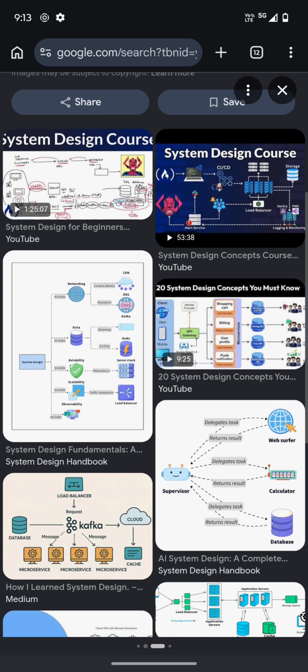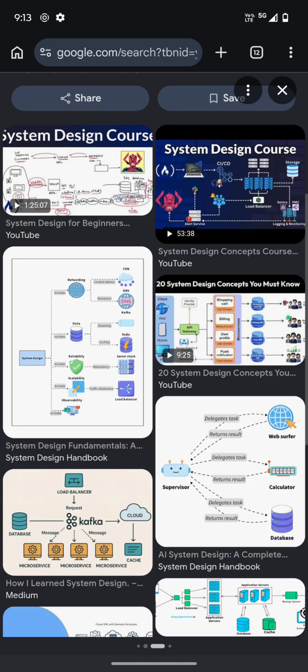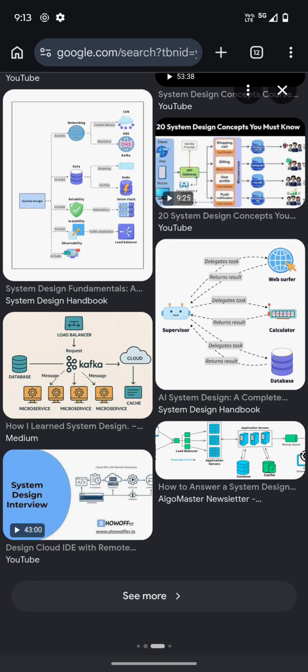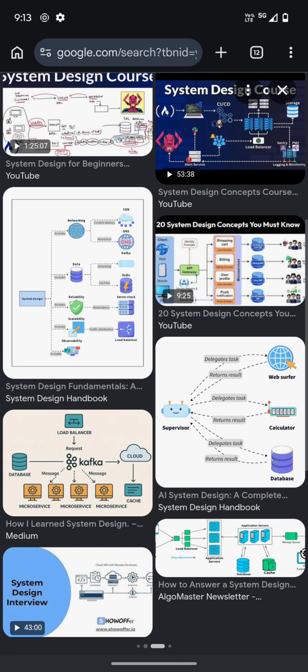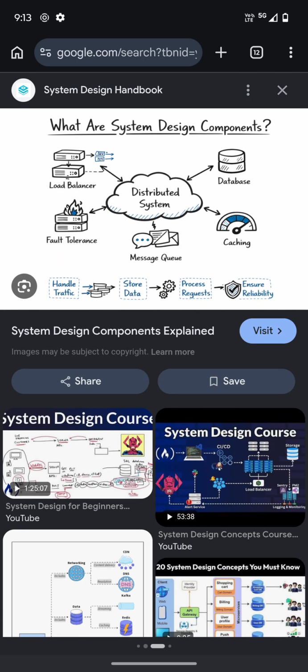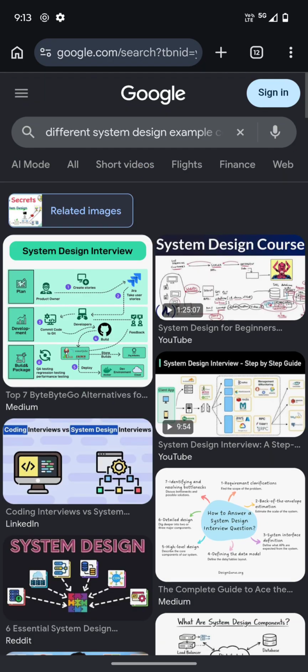So this is what I just wanted to explain at a high level. These are the system design things, and I want to explain other things as well.